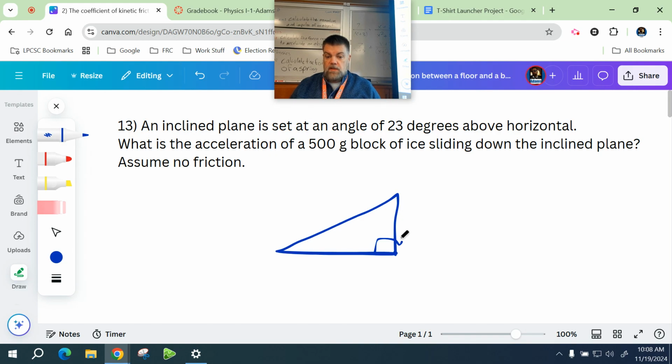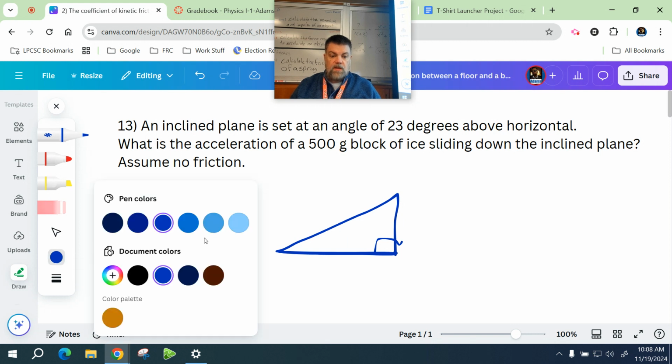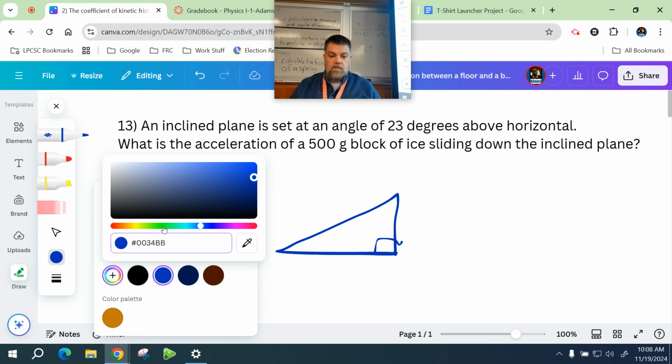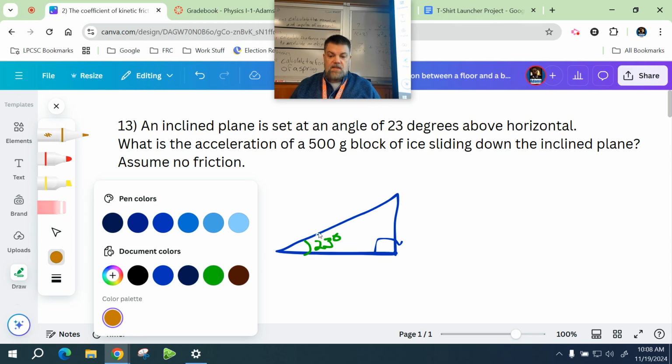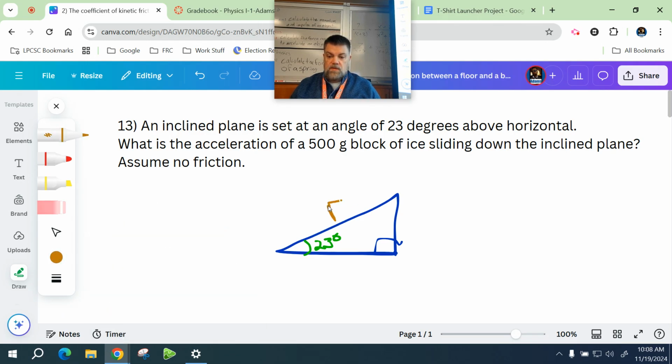So here is our inclined plane. The angle right here is 23 degrees. We're going to have a block. The block, oh, that's a horrible block.